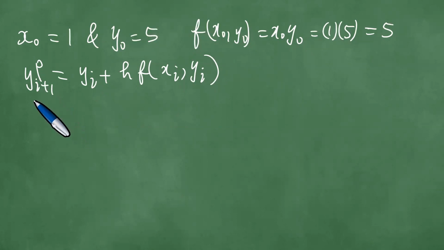What are we actually going to get at this point? Because you have already got x0, y0.